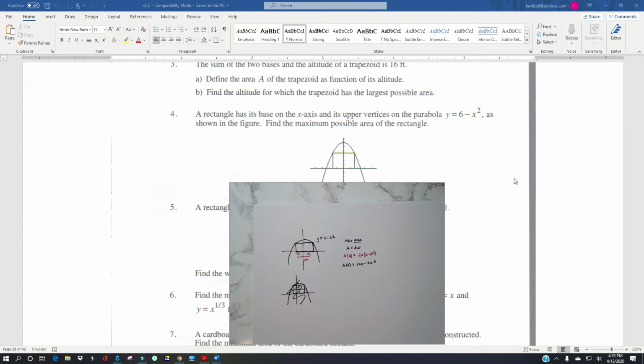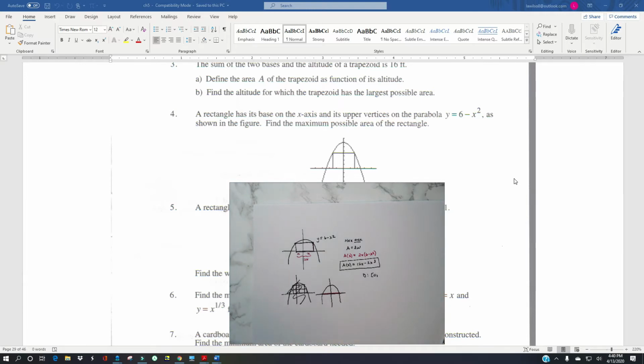Okay, so that being said, now I have to find the domain. I could have a rectangle where maybe the width is 0, so here's my curve, it might look like this. So I'm going to start at 0 for my domain, and where am I going to end?